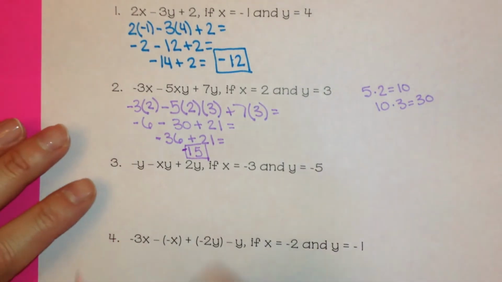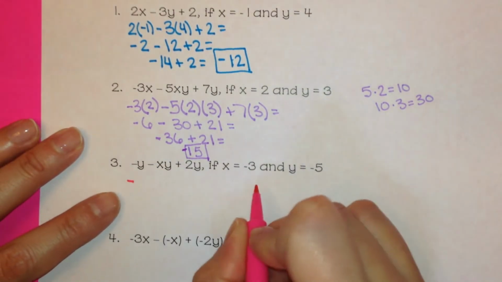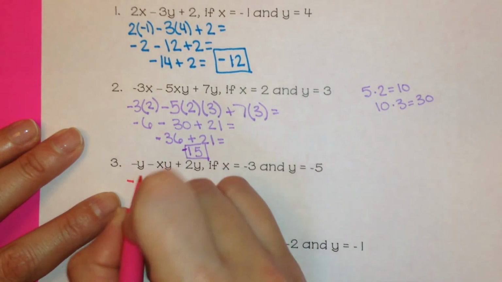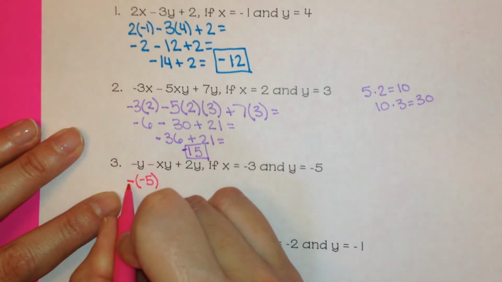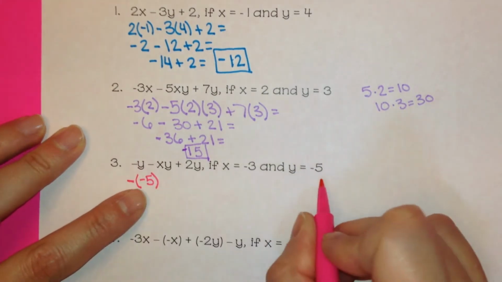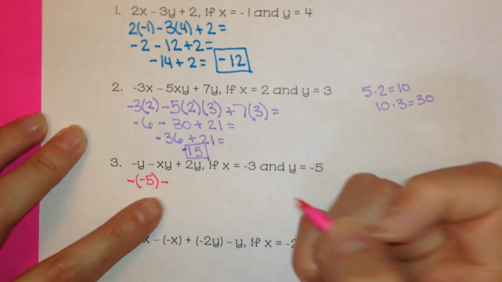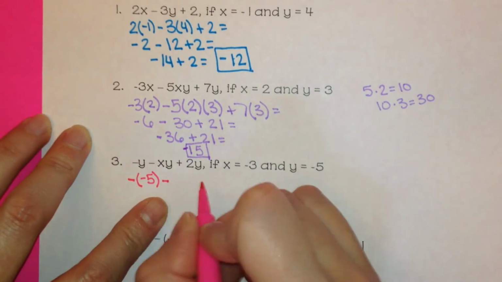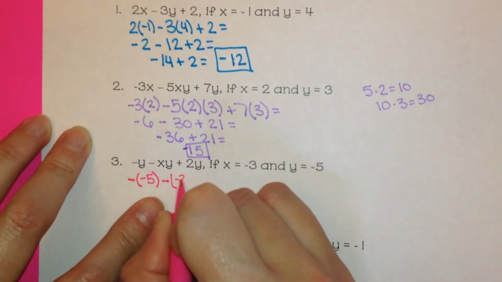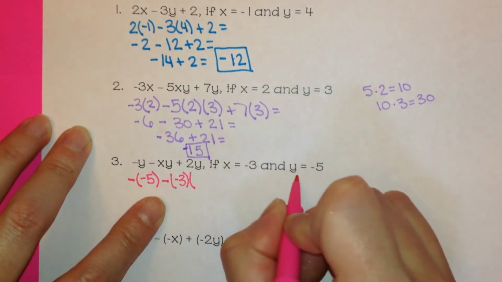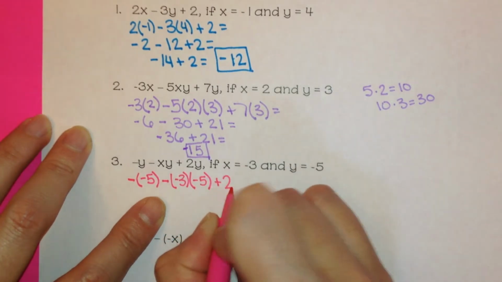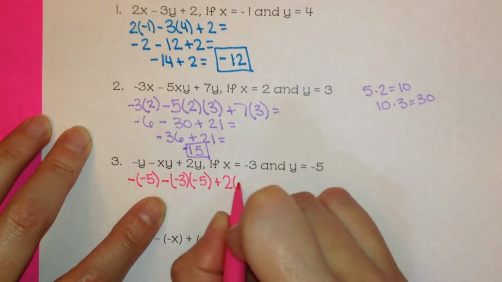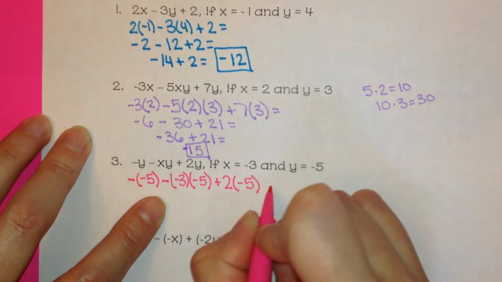All right, number 3, we have negative y value, which is negative 5. Okay, so this is the negative that was there, and my y value is negative 5, minus the x value, which is negative 3, times the y value, which is negative 5, plus 2 times the y value, which is negative 5.